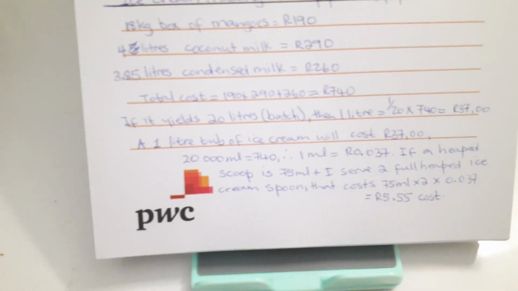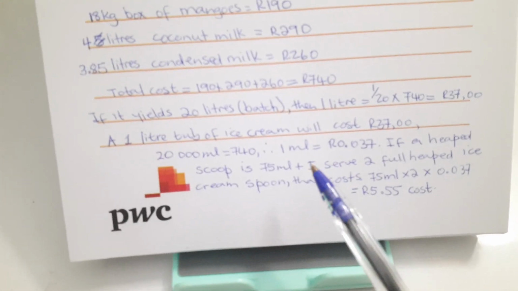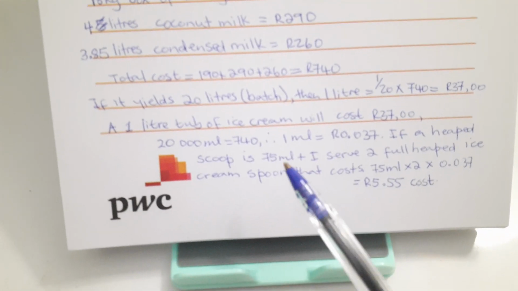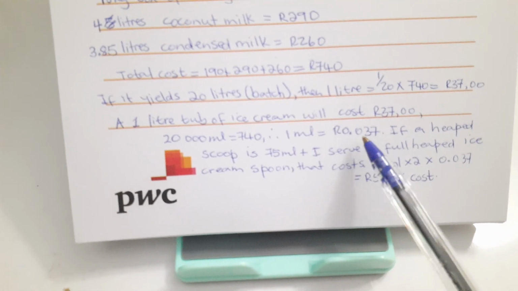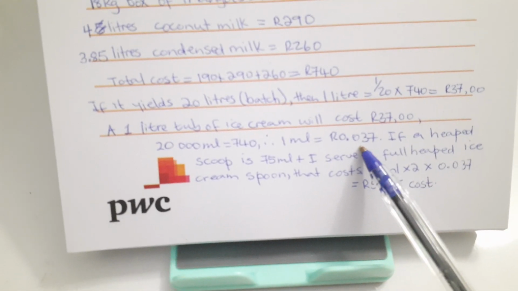But if I want to serve it in smaller packages, say in a small cup or in a cone, then I need the cost per milliliter, which we calculated as just under 4 cents.